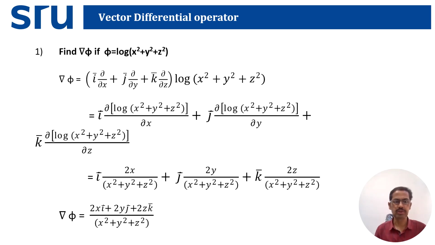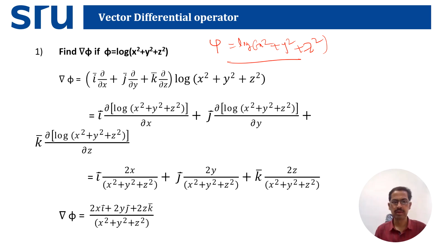Now let's go to some problems on the vector differential operator. Here find del phi, where phi equals log of (x square plus y square plus z square).